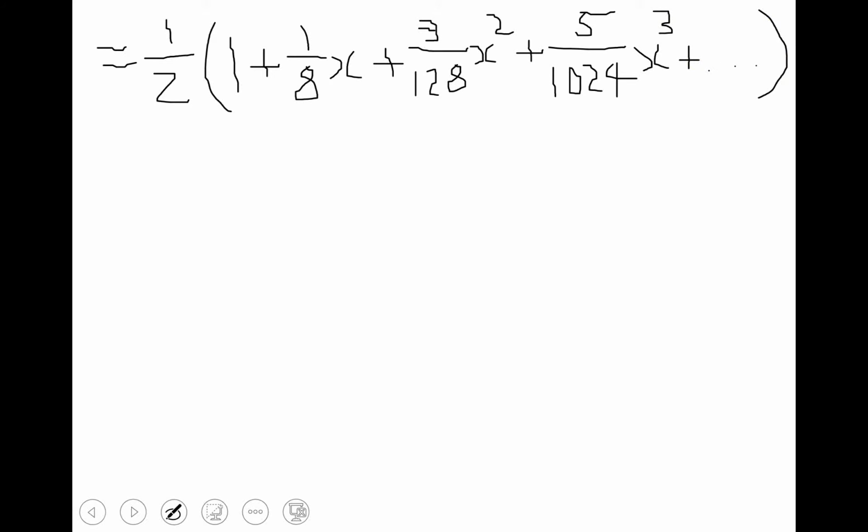Then we times each of those terms by a half, so a half times 1 is a half. Half times an 8th x is a 16th x. Half times 3 over 128 is 3 over 256.